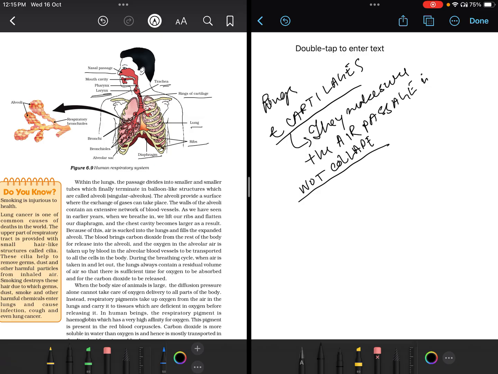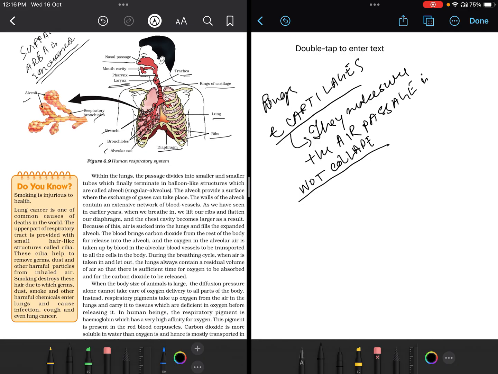Now going to the details of the lungs, there are bronchi, bronchioles, and alveolar sacs, and each alveolar sac contains alveoli and respiratory bronchioles. So basically, the surface area is increased, so gaseous exchange can take place very easily.